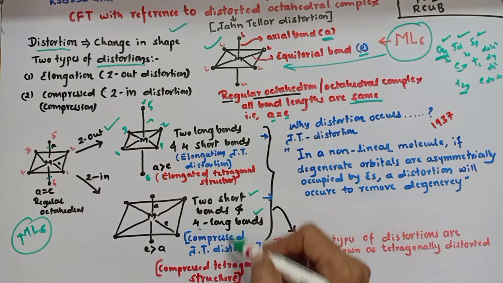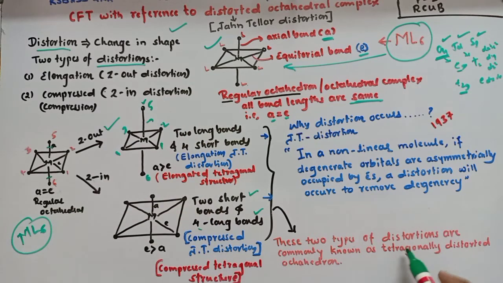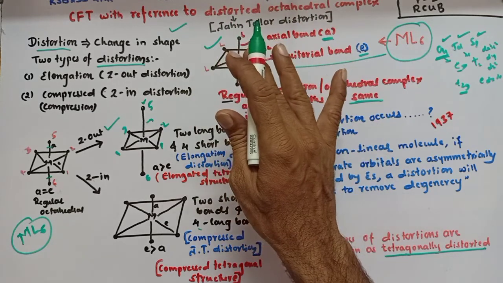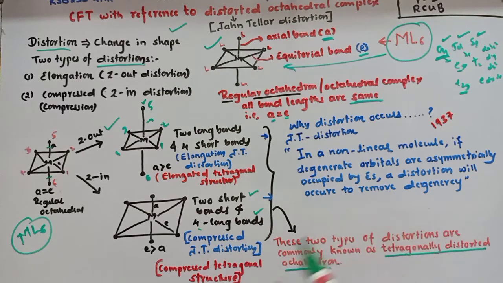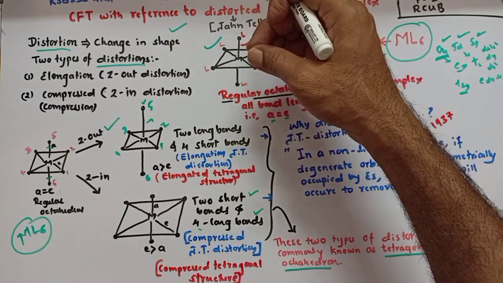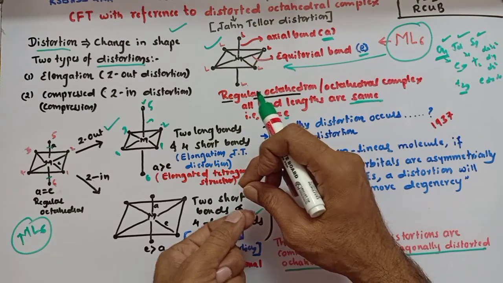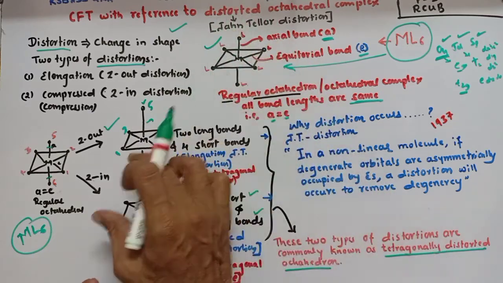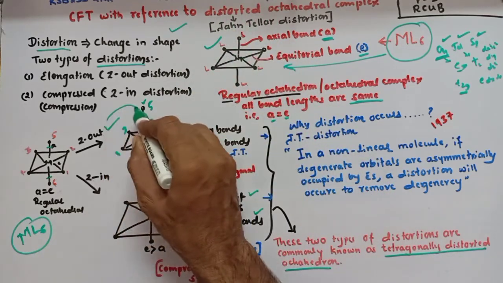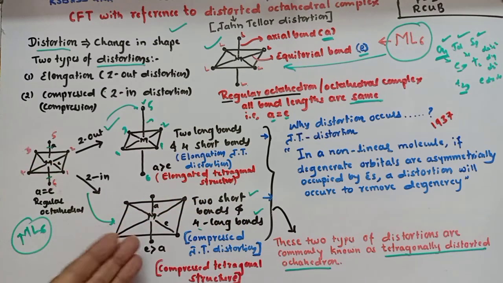These two distortions, Z-out distortion and Z-in distortion, are commonly known as a tetragonally distorted octahedron structure, because it is an octahedron structure only, but distortion may take place in two patterns. One pattern is elongation along the z-axis, or compression along the z-axis. If elongation takes place, that is known as Z-out distortion, and if compression takes place, that is known as Z-in distortion.